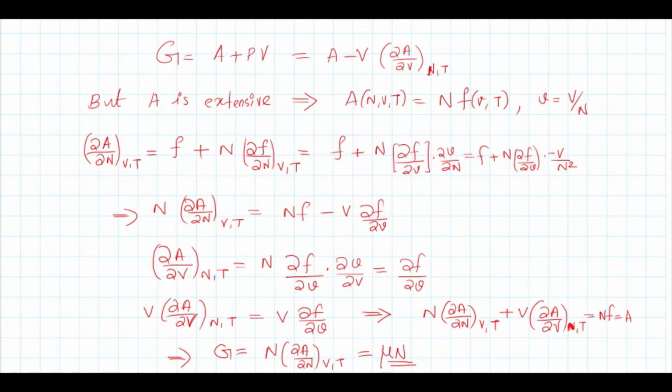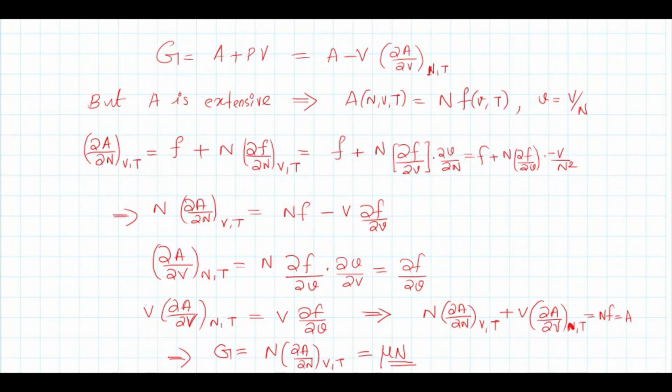Now I will take the partial derivative of A with respect to V, ∂A/∂V at constant n and T. At constant n, that means if you keep f as fixed and take the derivative of n, that will give you 0. Then keep n as fixed, take the derivative of f.